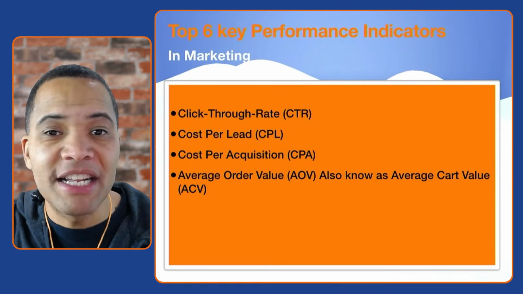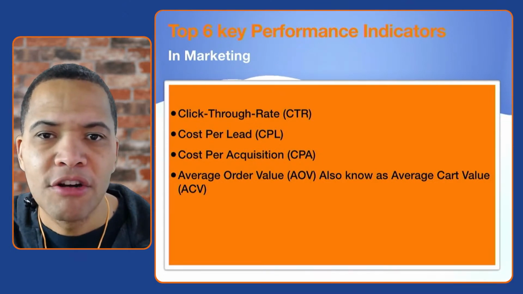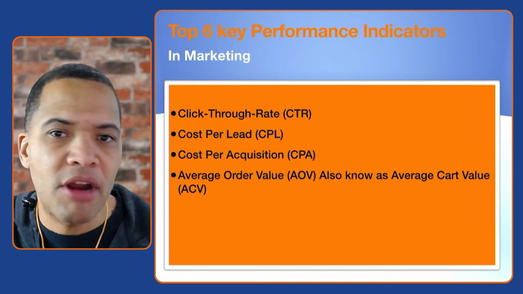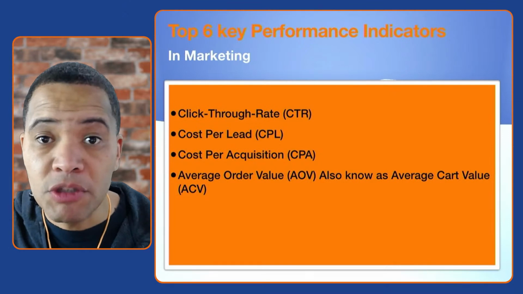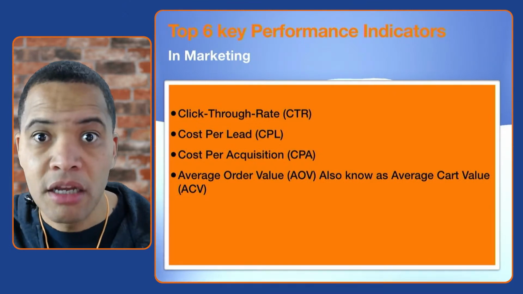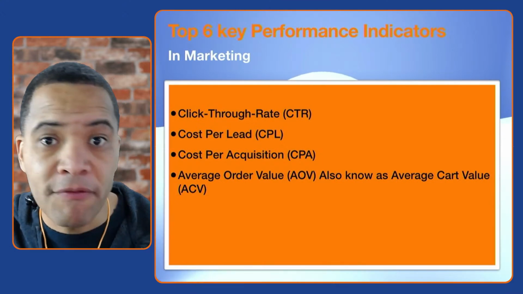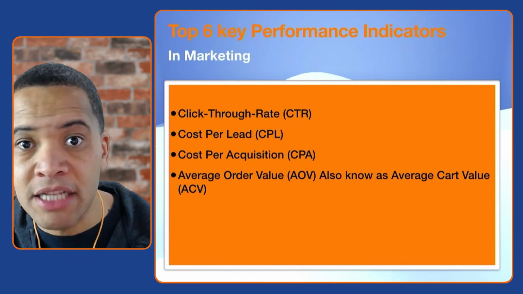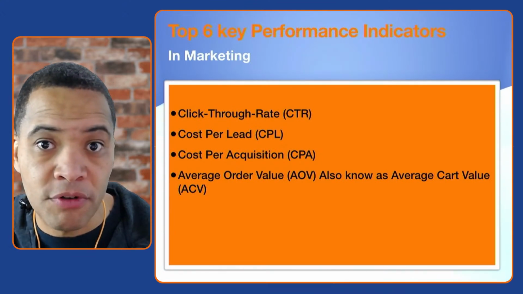So that's what that is. If you're just selling one product, whatever the cost of that product is, that's going to be your average order value, or your average cart value. But if you have multiple products, think about going grocery shopping, you have more than one product. I got milk for $5, water for $6, ice cream for $7, and vegetables for $20.